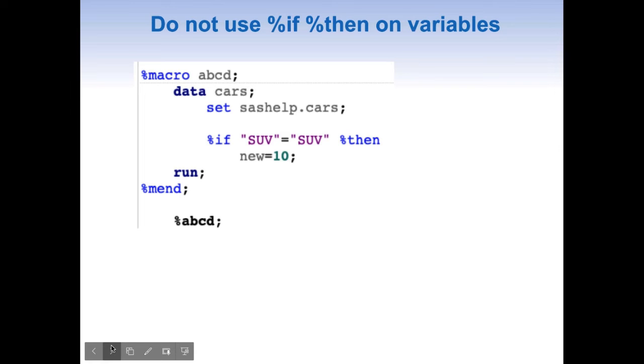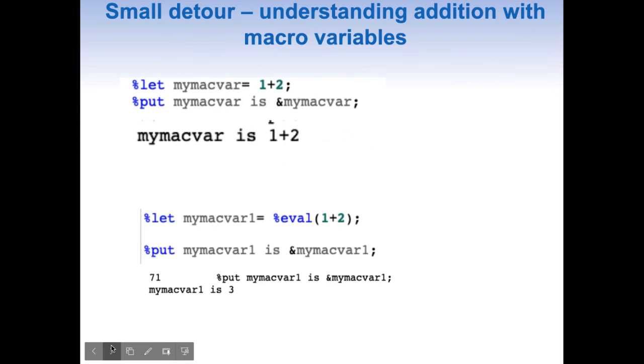Now we are left with percent do loops, wherein I would like to talk about the iterative percent do loop, percent do percent until, and percent do percent while. But before going into those details, it is again important to understand what macro variables are and a little bit more about percent eval also.